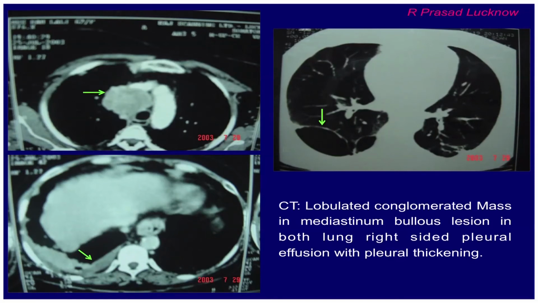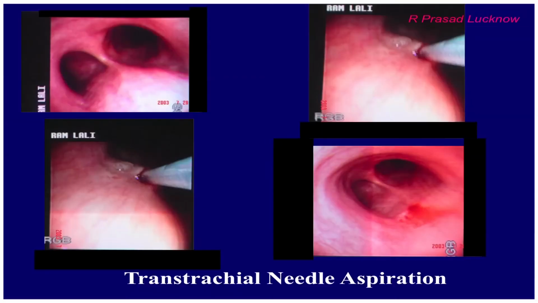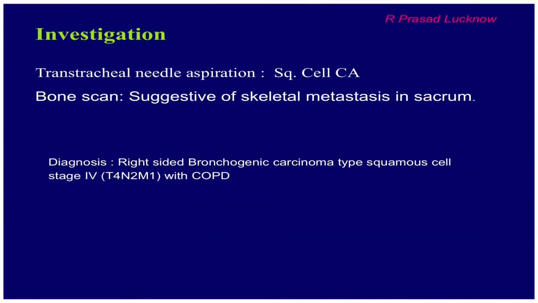So, every symptom can be explained, hemoptysis, chest pain, and ultimately we did bronchoscopy and transtracheal needle aspiration, and we reached that mass, and it showed a case of squamous cell carcinoma, and bone scan has also suggested skeletal metastasis in the sacrum. What I am trying to say is that sometimes the shadows are hidden, and although the X-ray appears to be quite normal, she was diagnosed as stage 4 lung cancer.